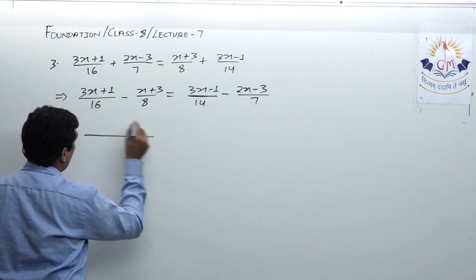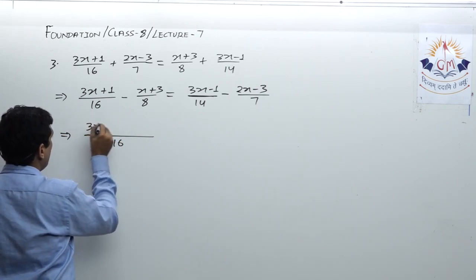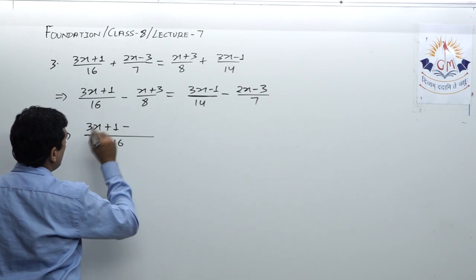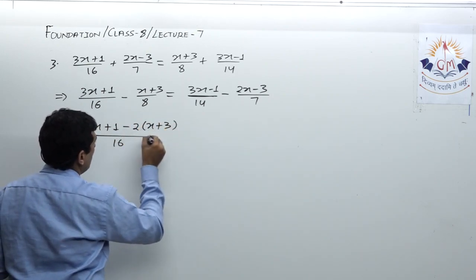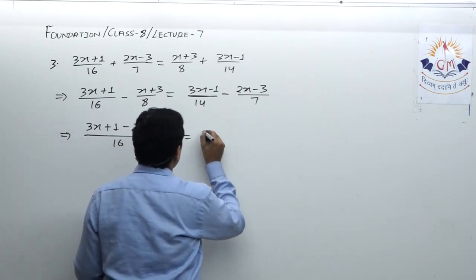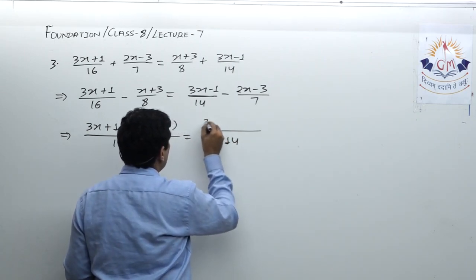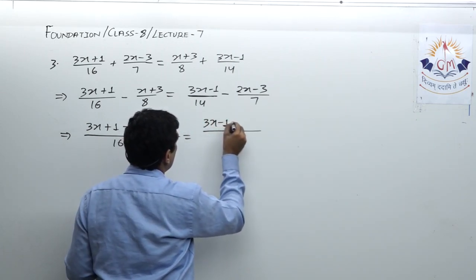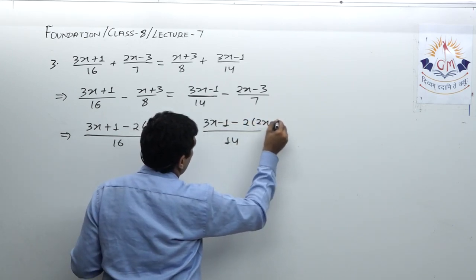LCM is 16. So this remains as it is, that is 3x plus 1, and over here I have to multiply by 2, so 2 into (x plus 3) is equal to, over here the LCM will be 14, so (3x minus 1) as it is minus 2 into (2x minus 3).